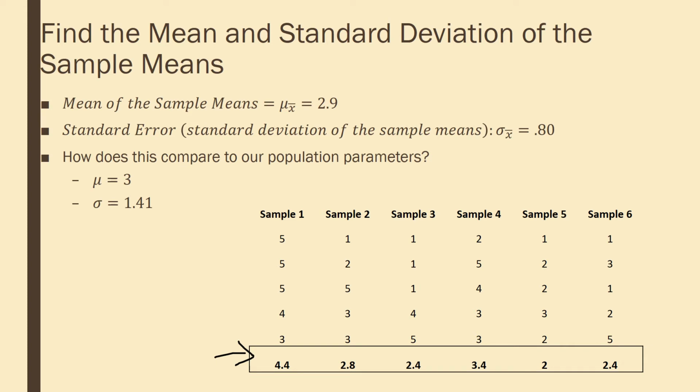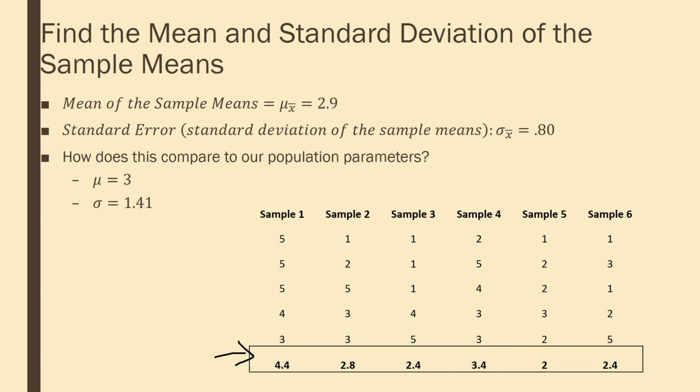there's more variability in the individual scores from our population, right? In our samples, you could have 1 through 5, because in the population that's what the numbers were, so there was a range from 1 to 5. But for our sample means at the bottom, the lowest one was 2, and the highest one was 4.4.